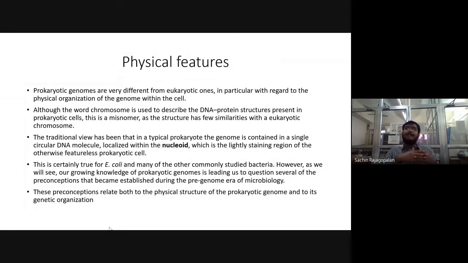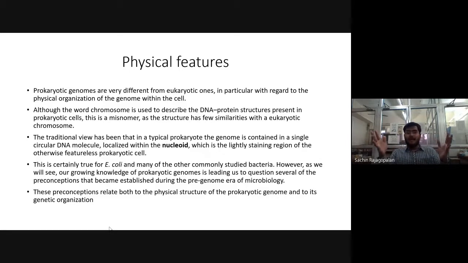But that doesn't mean that we do not have any other organisms which can be used as a representative. Many times you may also find some differences amongst the bacterial organisms themselves. So we surely have data for E. coli, which is general data that represents bacteria, but that doesn't mean it is going to be the same in all kinds of bacteria. So you need to study more and more types of prokaryotic genomes, which will remove this misconception amongst people that if you have read the E. coli genome, then the genome of all bacteria will be the same.